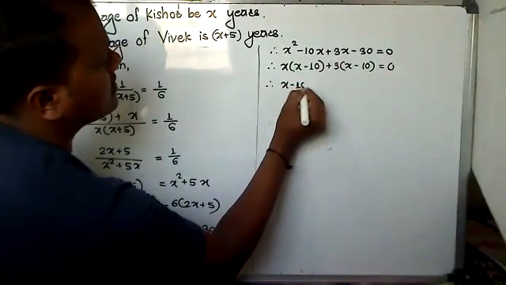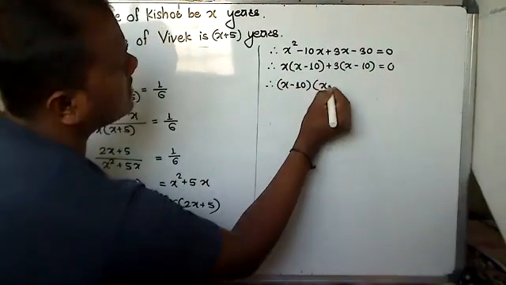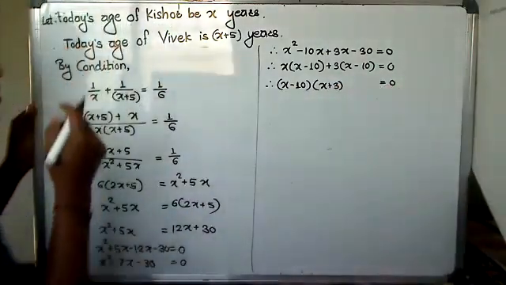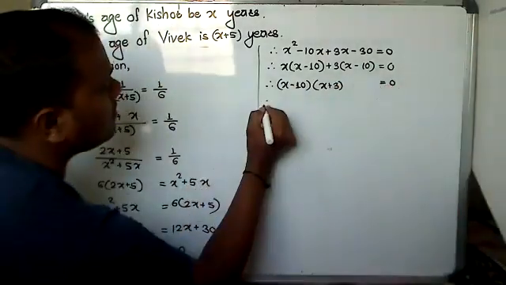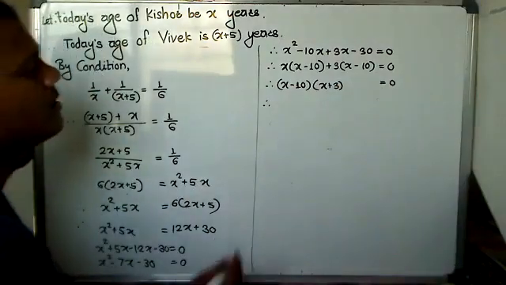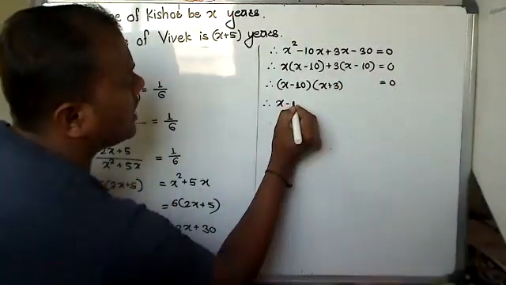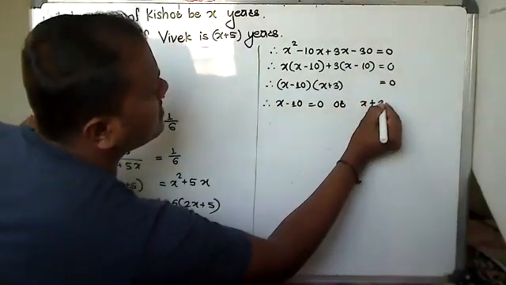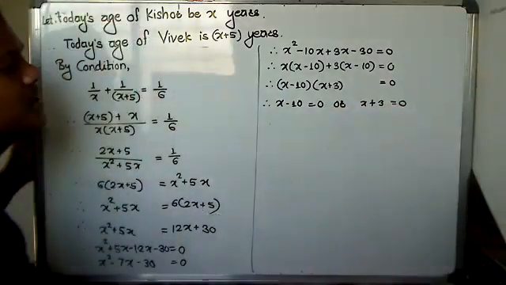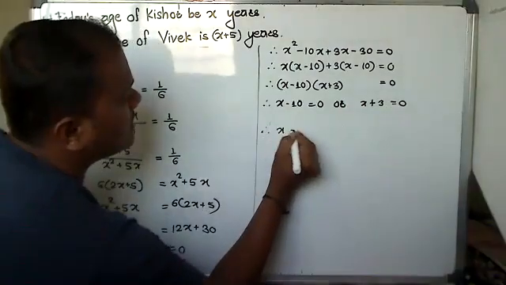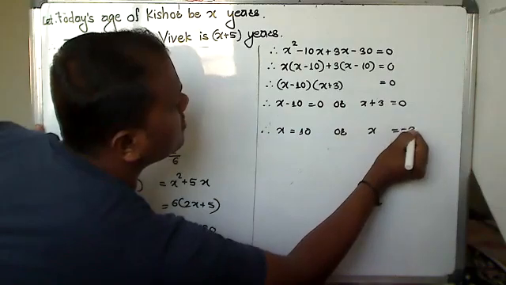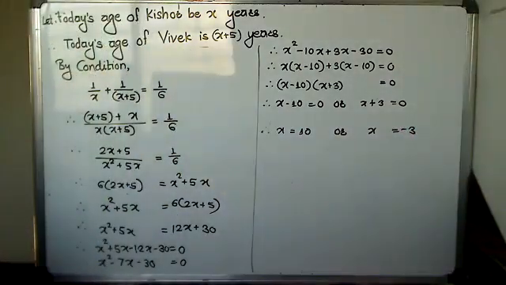So x minus 10 into x plus 3 is equal to 0. Therefore x minus 10 is equal to 0 or x plus 3 is equal to 0. So x is equal to 10 or x is equal to minus 3.